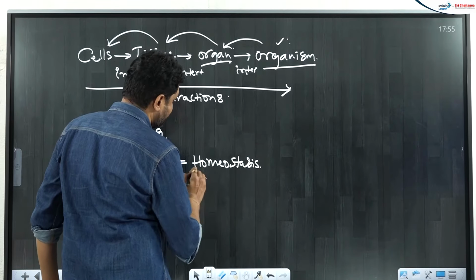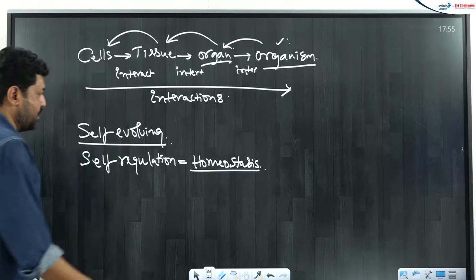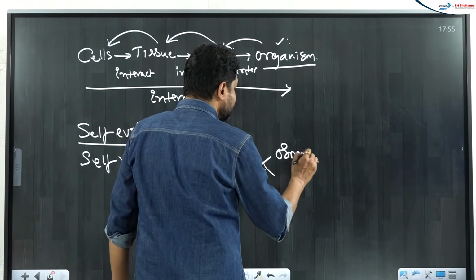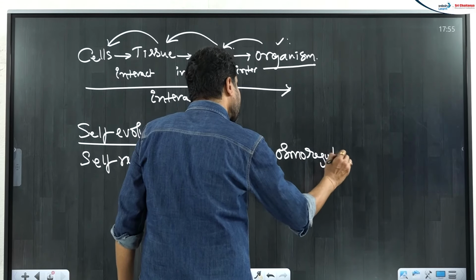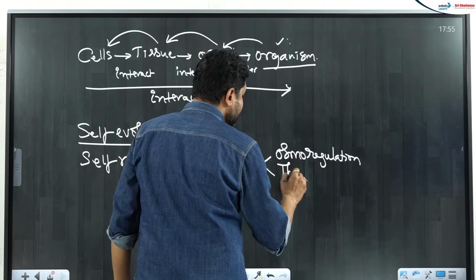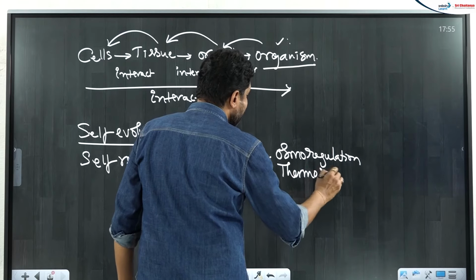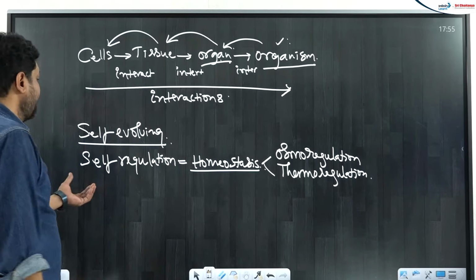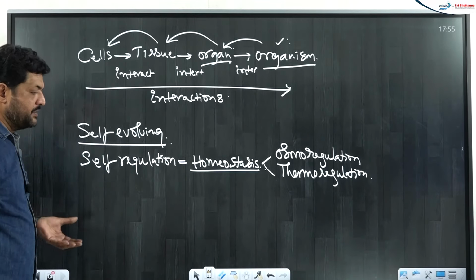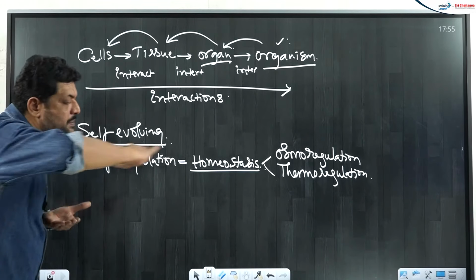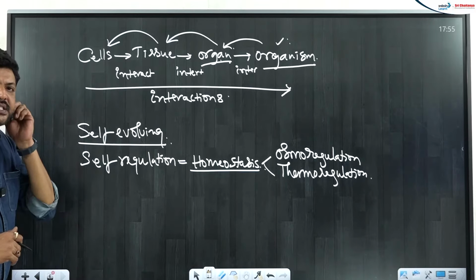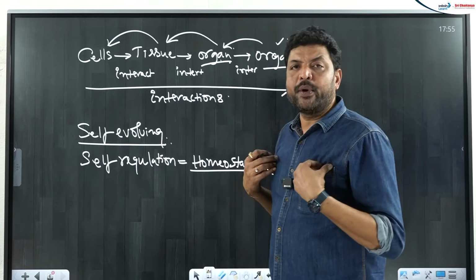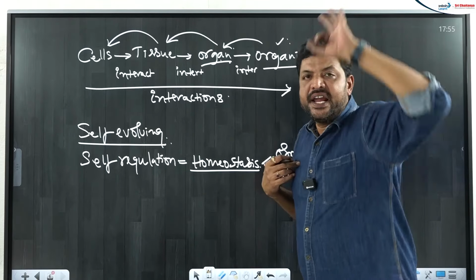Homeostasis, present in most of the higher vertebrates. Homeostasis, that includes osmoregulation, thermoregulation. This is self-regulating. Self-regulating means maintain stable temperature. Your body temperature is 98.4 Fahrenheit.